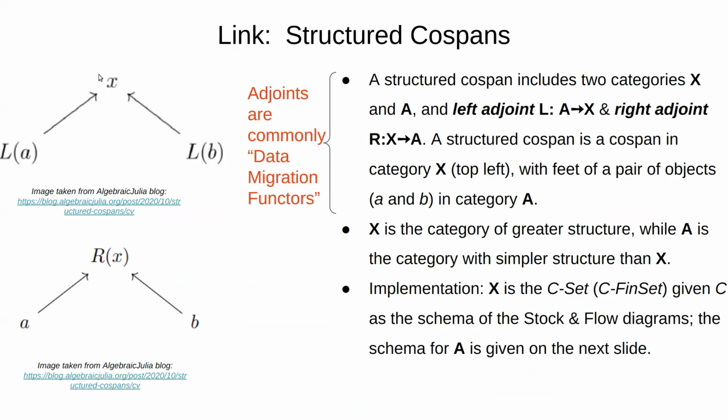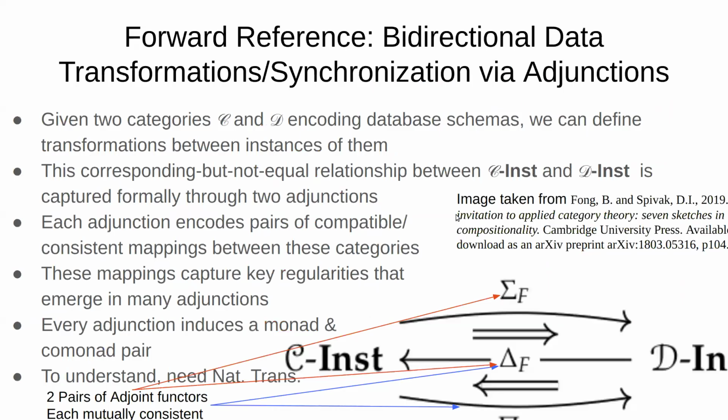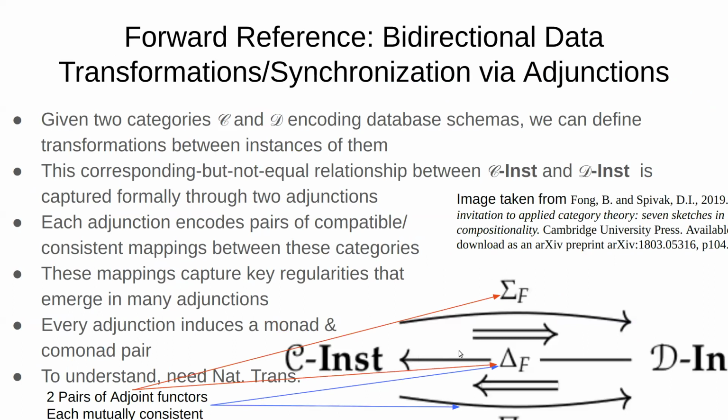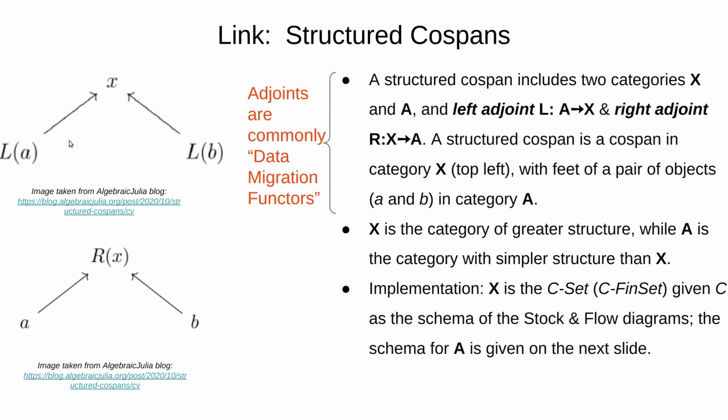Okay, so I had a different part of my brain dealing with this adjunction, and it never crossed my mind that it's the same as this adjunction. And his point is, it's the same adjunction. This is normally what we use in structured cospans. It's just here we think of it as migrating data, but there we're thinking of it as an adjunction linking up the feet with the whole category, the apex, the richer one.